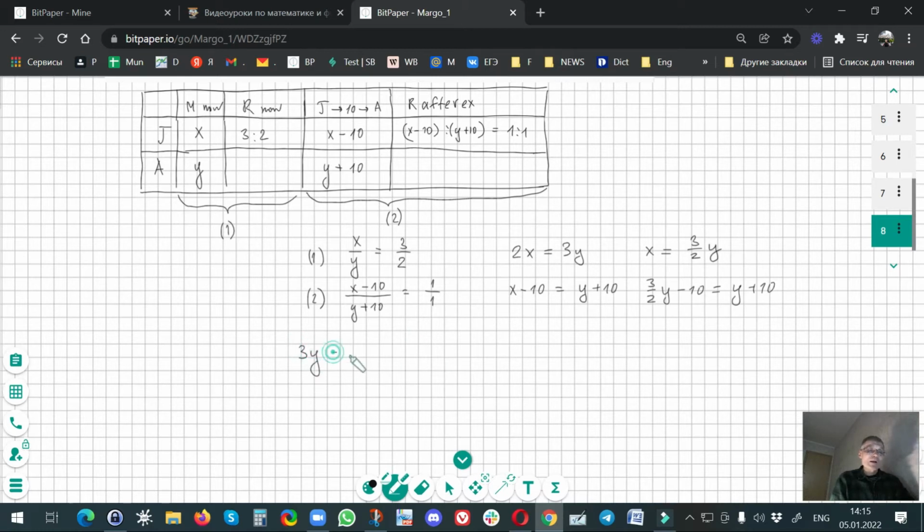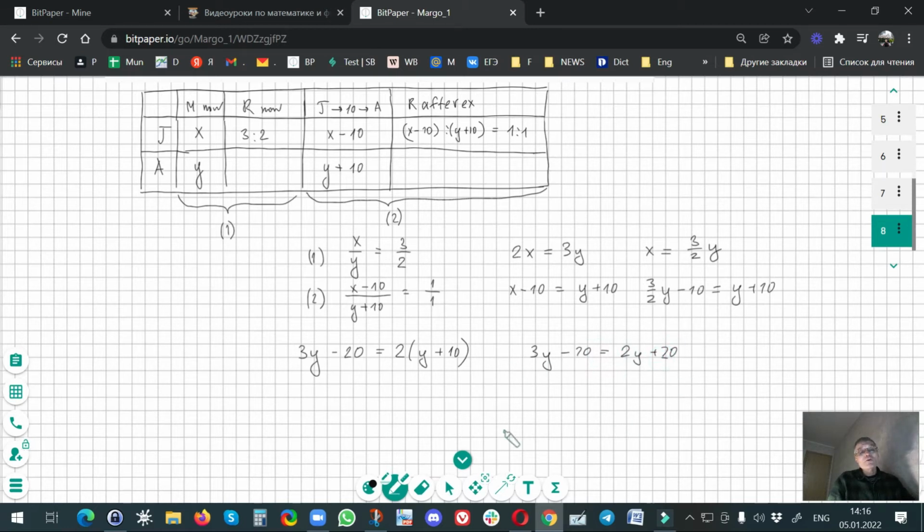I shouldn't forget to multiply 10 by 2 also, which gives me 20. And multiplication by 2 of the right-hand side gives me, okay, I'll write it carefully, 3y minus 20 is equal to 2y plus 20.